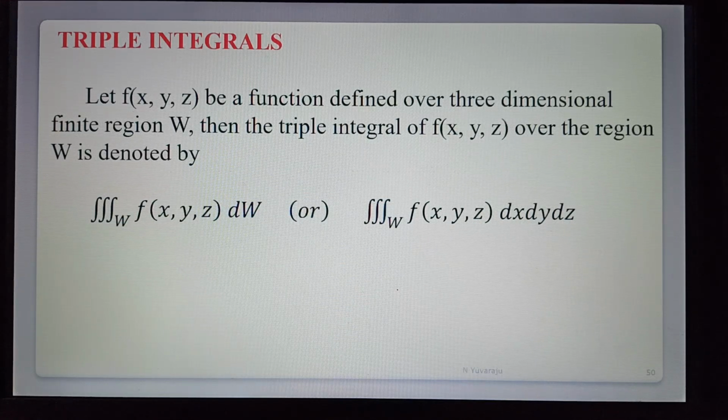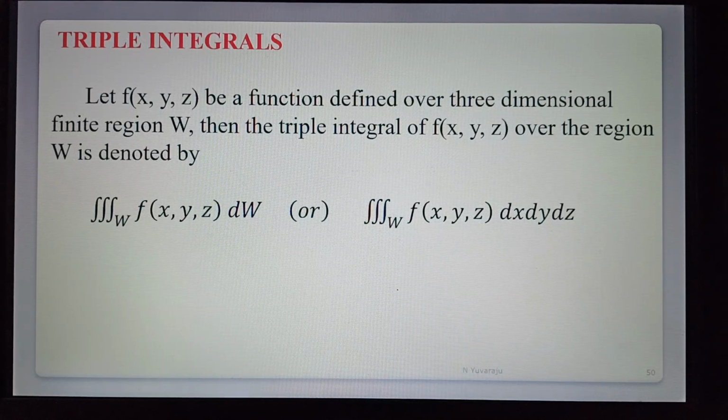Second, integrating with respect to y, the limits are constants or functions of x. Third, integrating with respect to x, the limits must be constants. The last integration, with respect to any variable, must have constant limits. This is the evaluation of a triple integral.